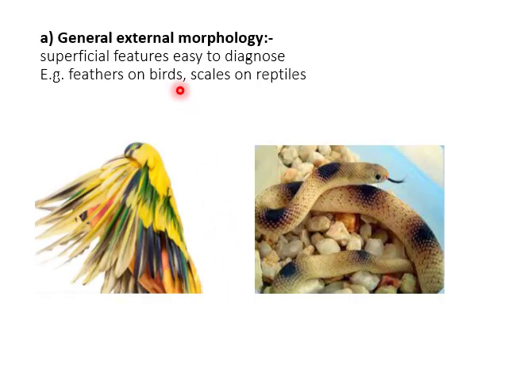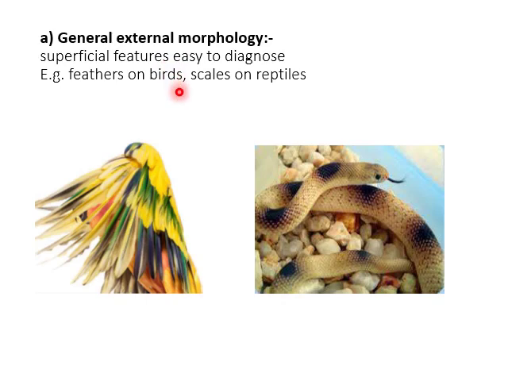Now we are going towards the first type, which was general external morphology. Examples of general external morphology are the feathers, scales, and hairs of different animals, which may be different from one another.